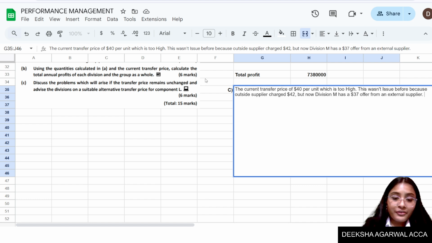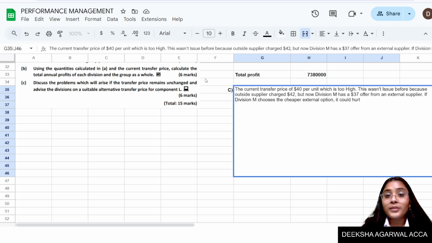If division M chooses the cheaper external option, it could hurt whom? The overall company's profit, right?